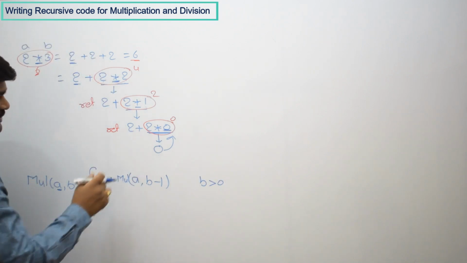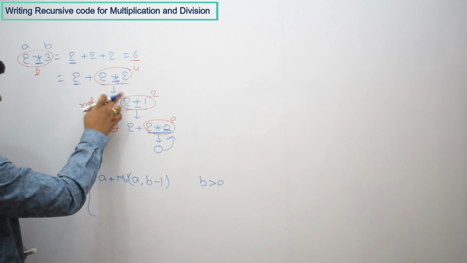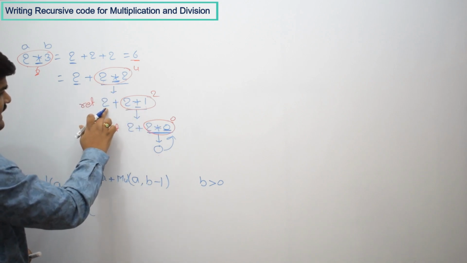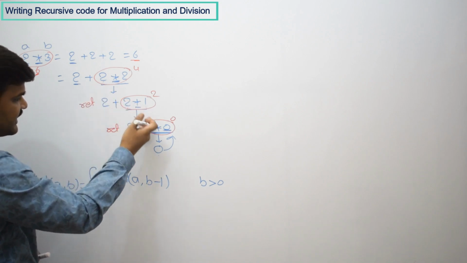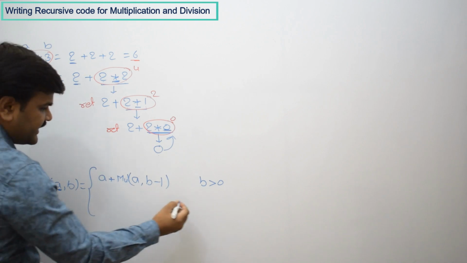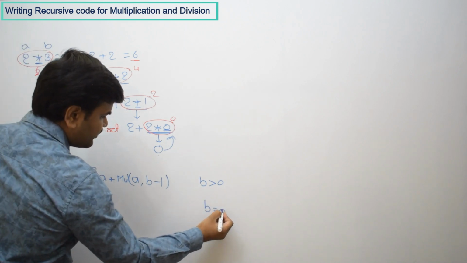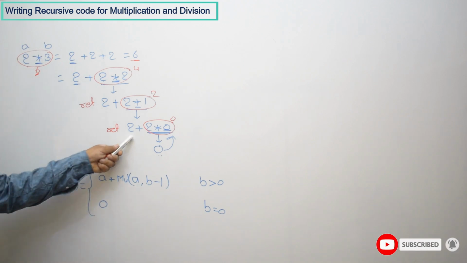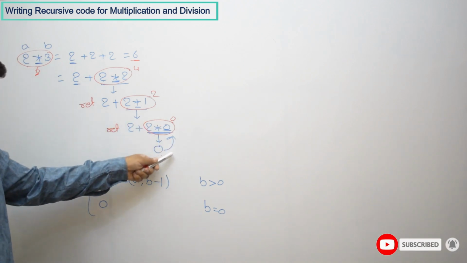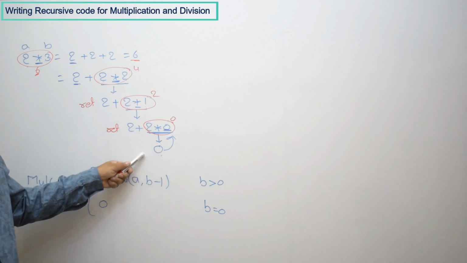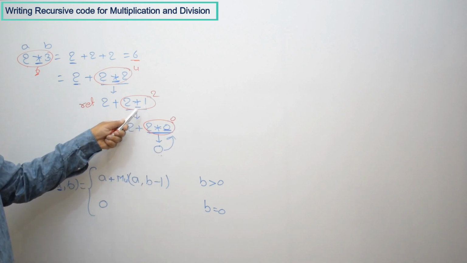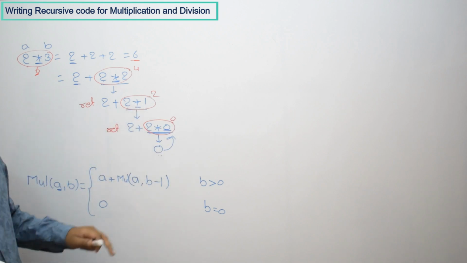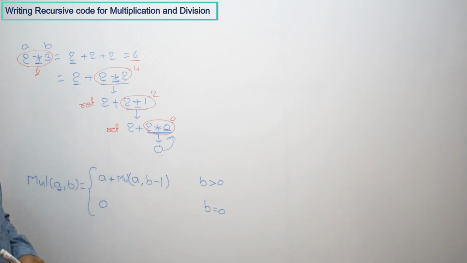That means recursively you are calling, adding one time, and by updating the values you are calling again. If B equals 0, we return 0. Of course you can simplify this further and stop one recursive call: whenever B is 1 you can simply return A, so that you reduce one recursive call. That is also fine. So this is the recursive equation.